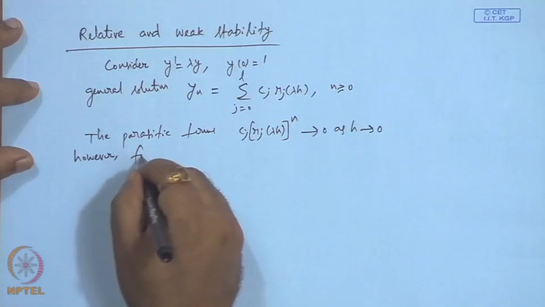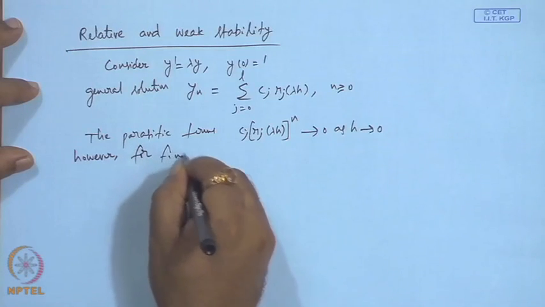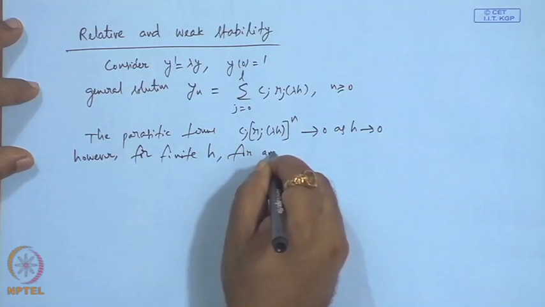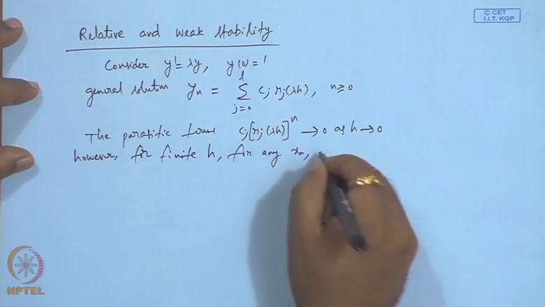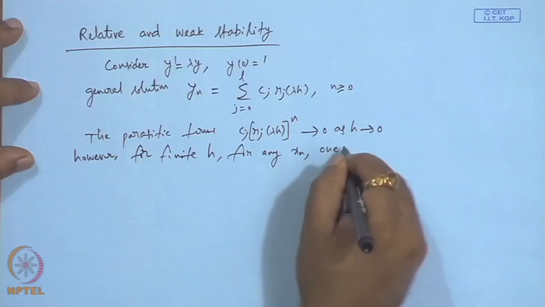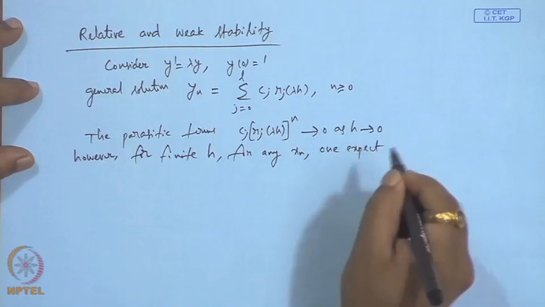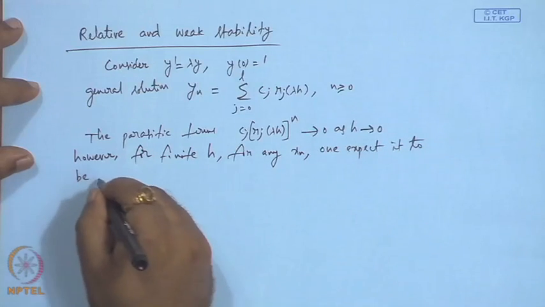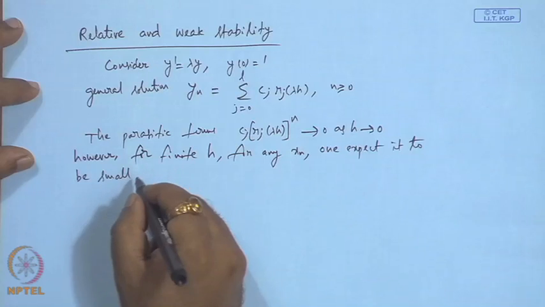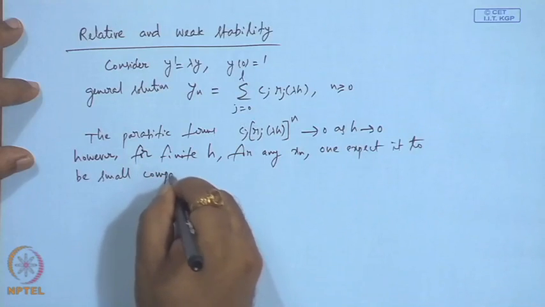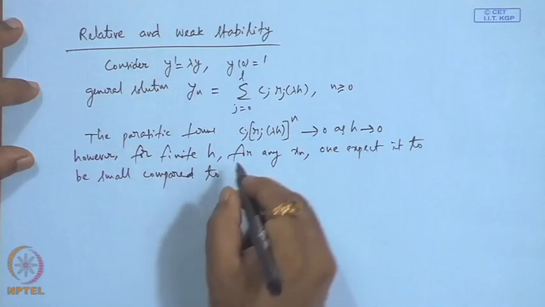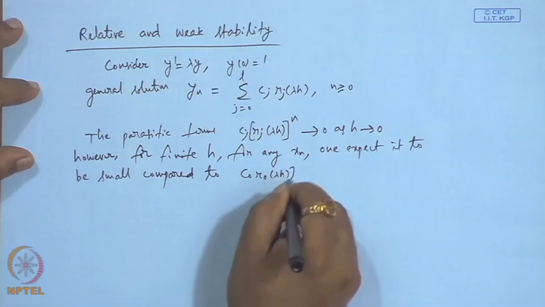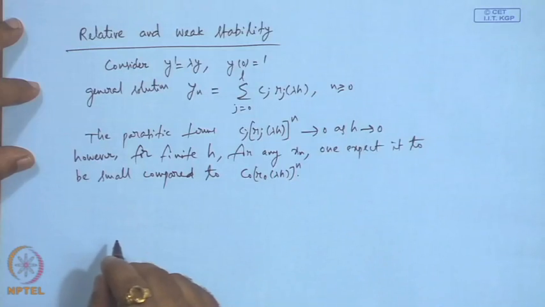However, for finite h, for any x n, one would expect the parasitic term to be small compared to the principal term.